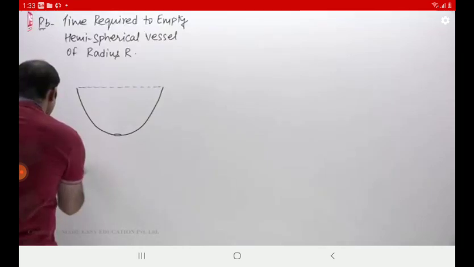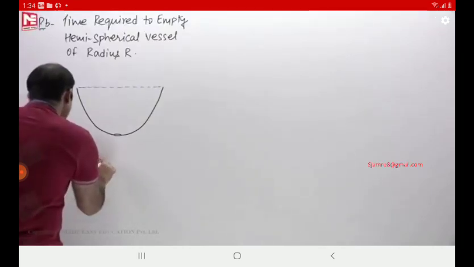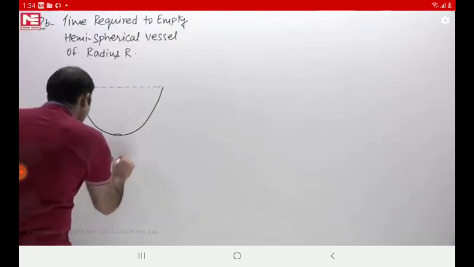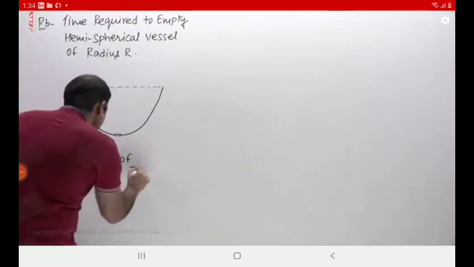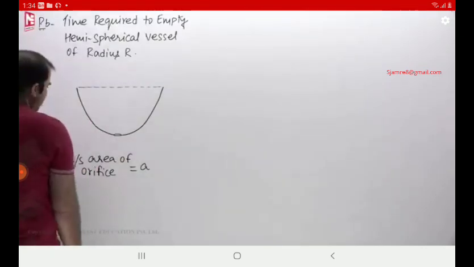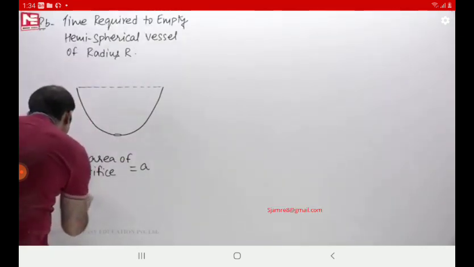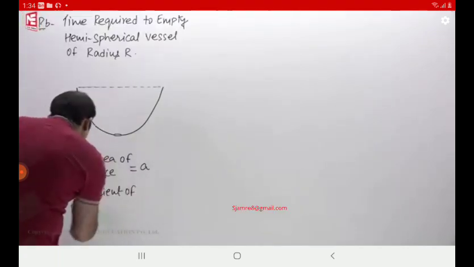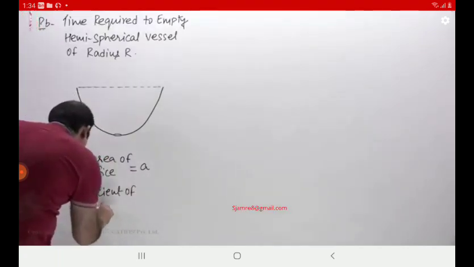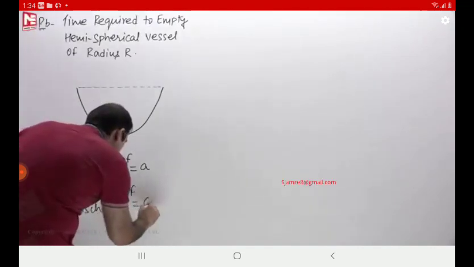Cross sectional area of orifice is equal to a. Coefficient of discharge. That is what we need.